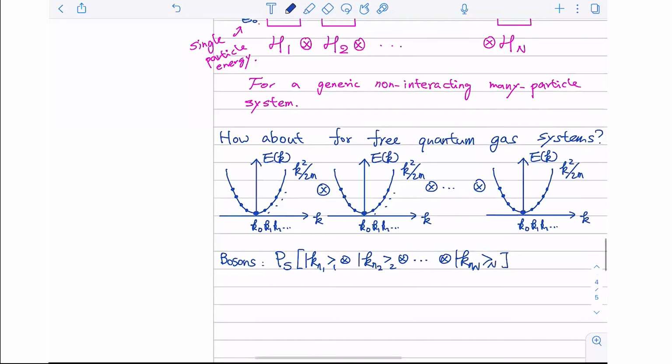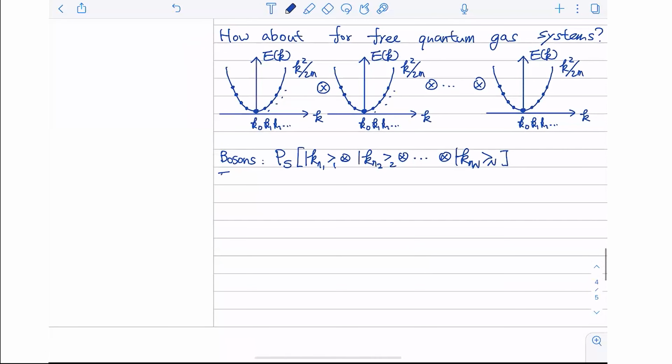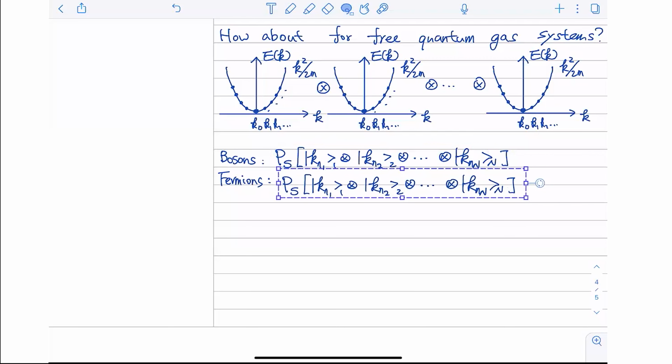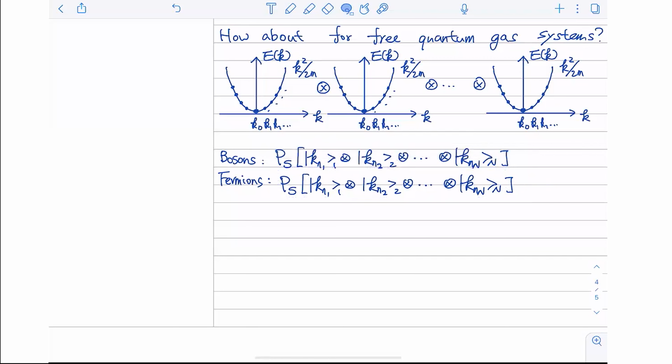Okay. And for fermions, the only difference is that instead of symmetrizing it, we actually anti-symmetrize this expression.